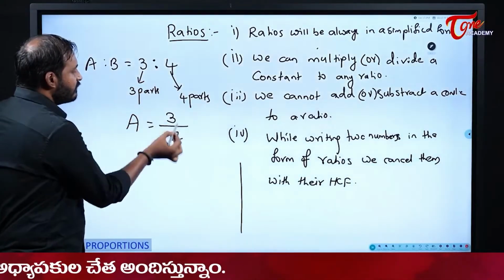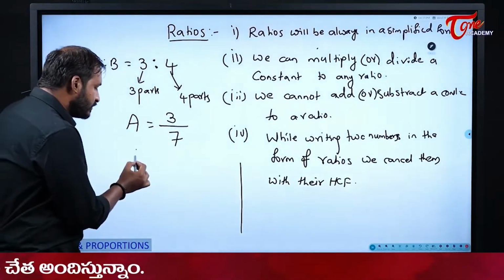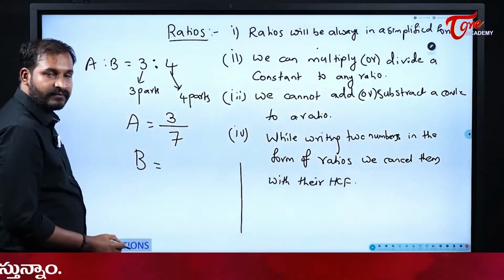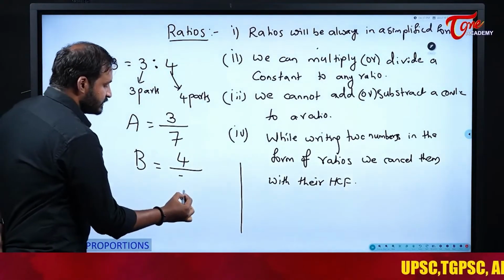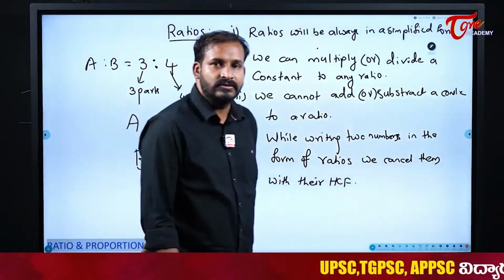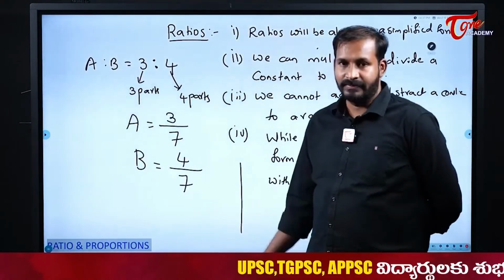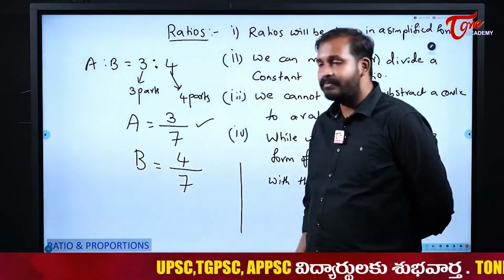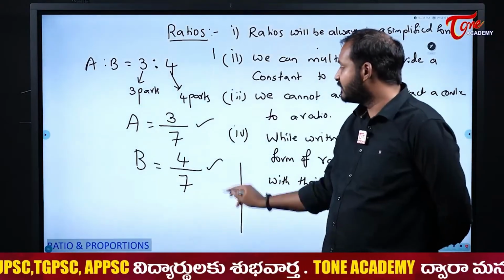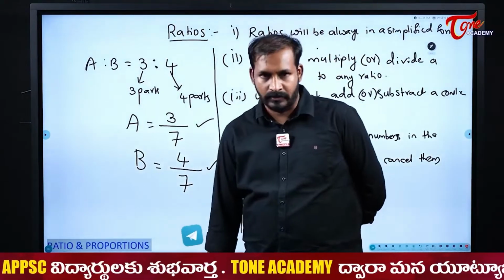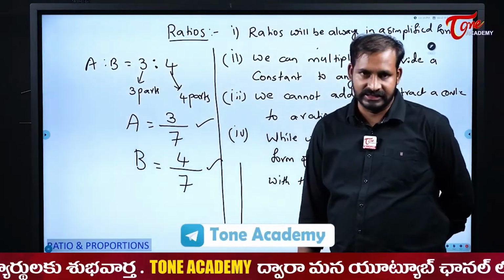When it comes to B's portion, B is 4 parts out of total 7 parts. So A is 3 out of 7 parts and B is 4 out of 7 parts. In this manner, we are going to solve the problems and try to understand the things here.